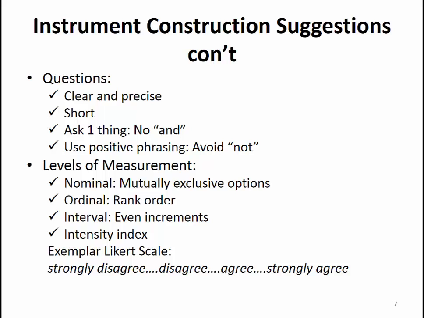Finally, intensity indexes, such as the commonly used Likert scale, afford indications of degree of agreement, such as the exemplar provided, which goes from strongly disagree to agree to strongly agree. When used in surveys, questions using Likert scales should all show the same direction, usually least to most, so as not to confuse respondents.